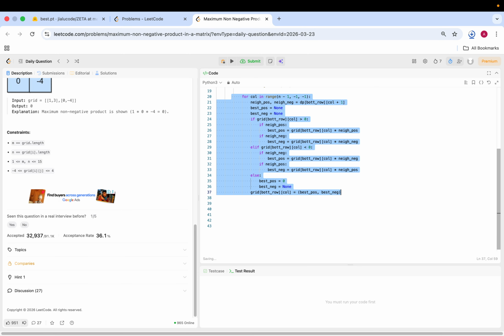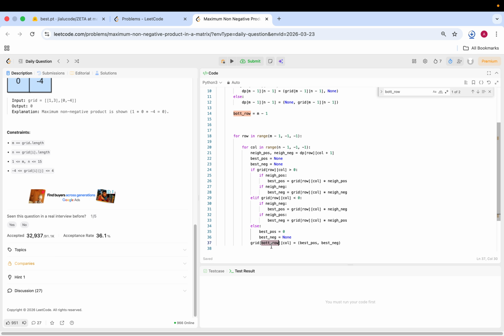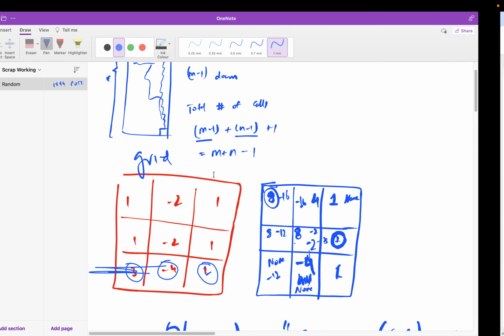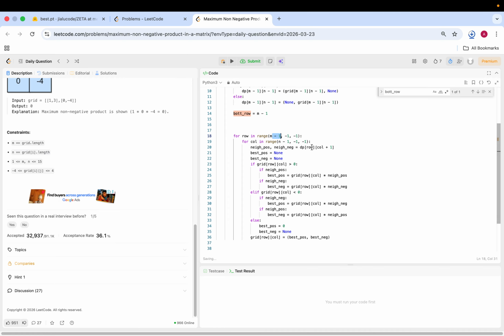For col in range that, so instead of saying bottom row, I'll just say row all the time. I just gotta be really careful because right now I'm only considering the right neighbor, but if row is less than m, if we're not at the bottom row, then I gotta be careful.